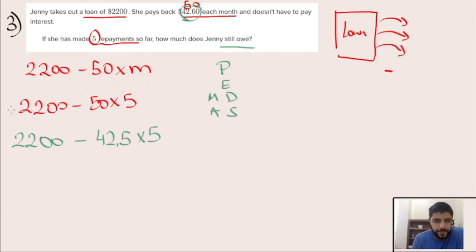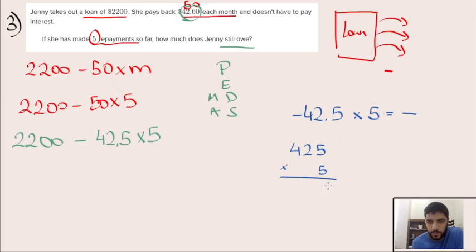We have, and let me do it on the side here, negative 42.6 times 5. Okay? We know our answer is going to be negative because they have different signs. And then we ignore the decimal point, we multiply.